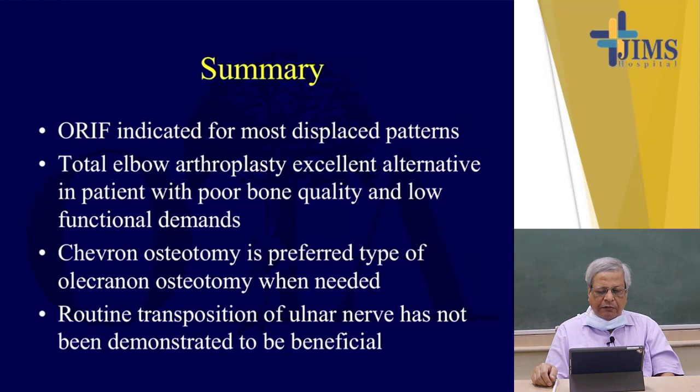Chevron osteotomy or a V osteotomy is the preferred type of olecranon osteotomy when needed, because, as I said, olecranon osteotomy gives the best exposure for the articular surfaces.